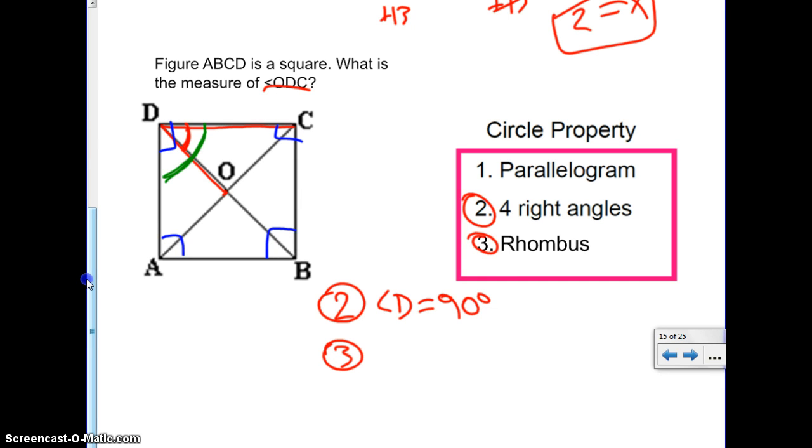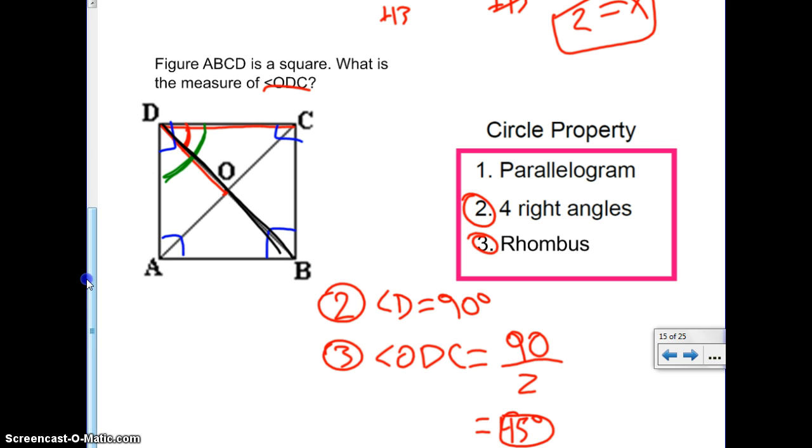We just did this, remember? So that means our diagonal BD, which I'm going to trace over in black, is cutting angle D in half. So that means angle ODC equals half of the whole angle of D. Well, what happens when you do 90 divided by 2? You get 45 degrees.